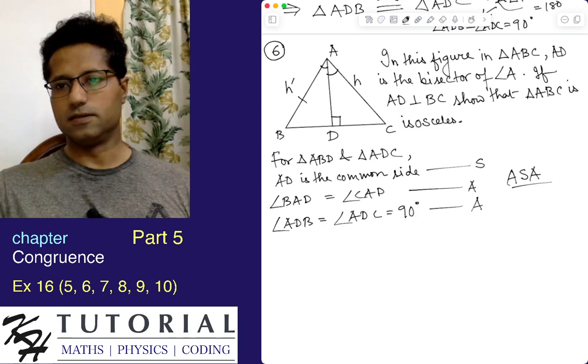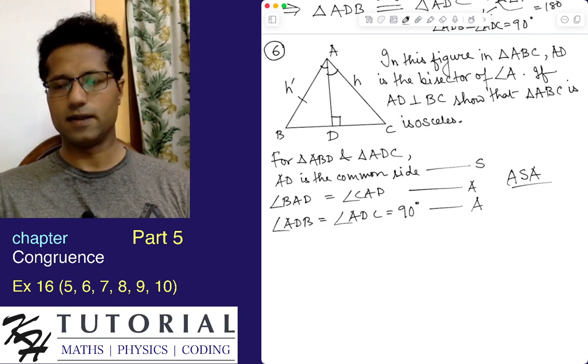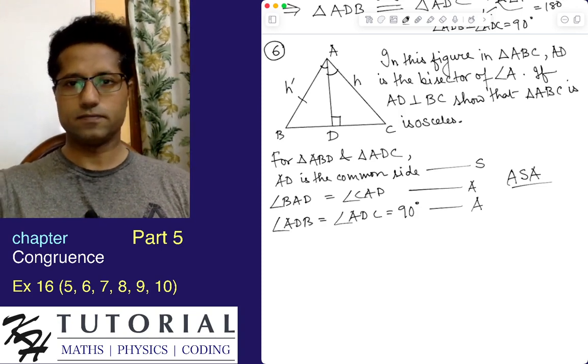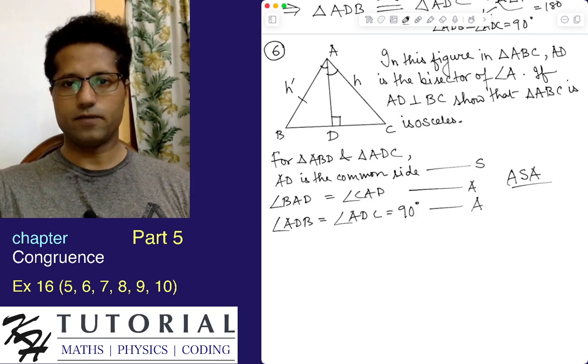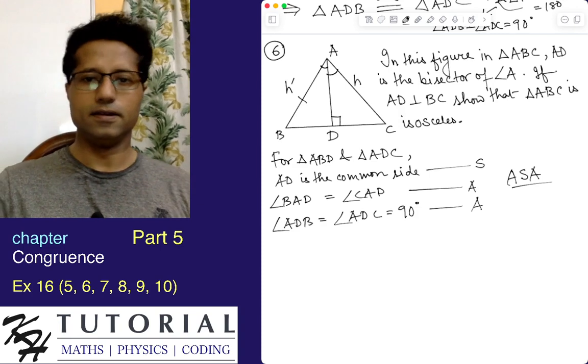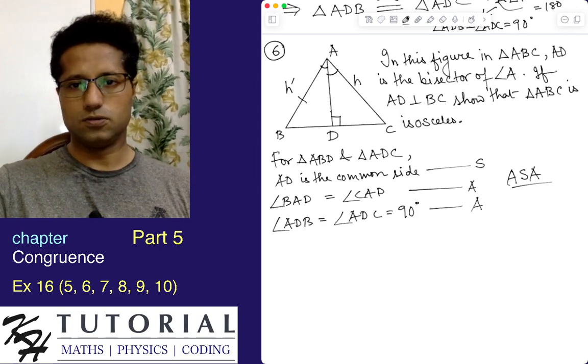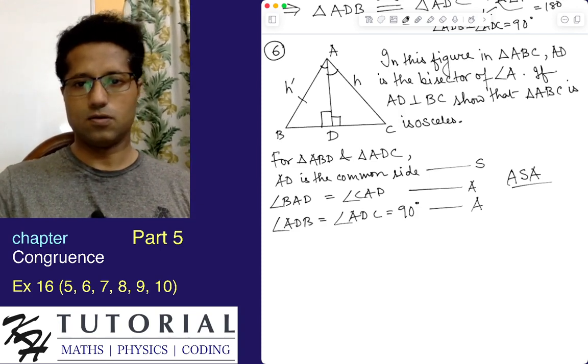Can we have this? Angle, side, angle. That is, two angles and the side included by the two angles. What do we have? We have this angle, the common side, and 90 degrees.